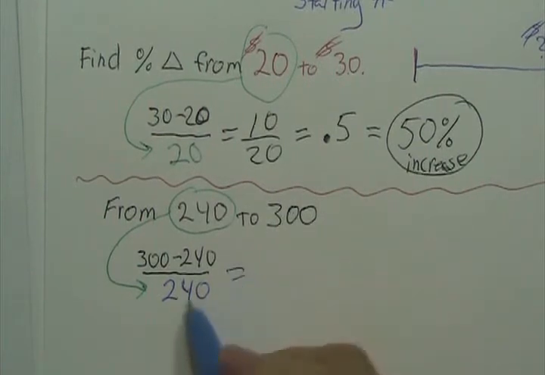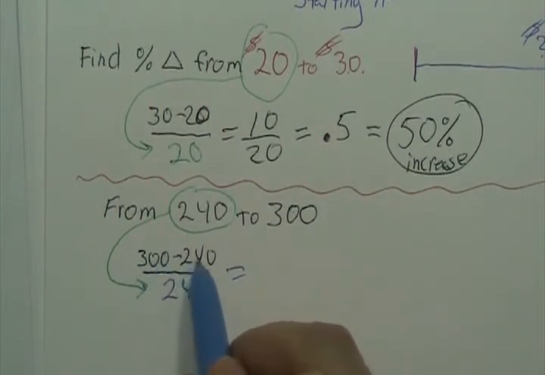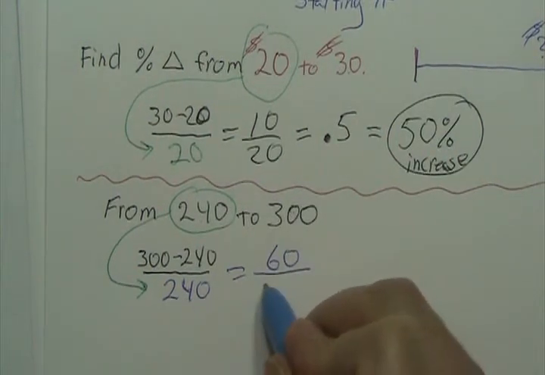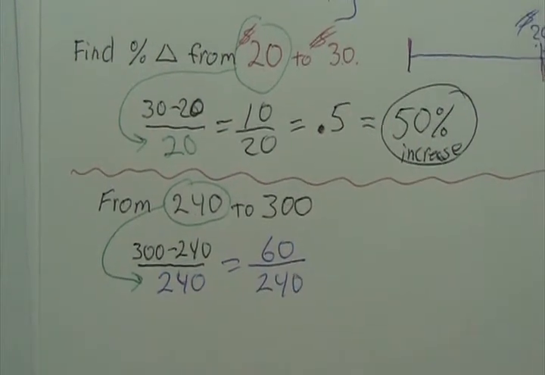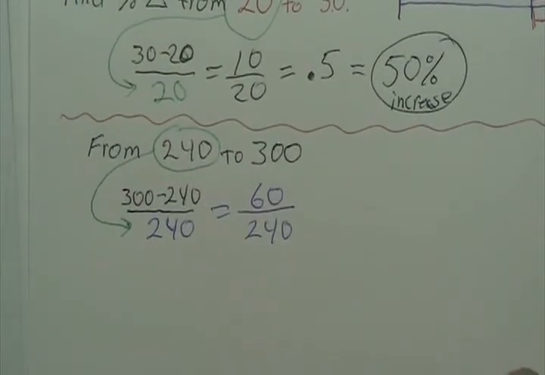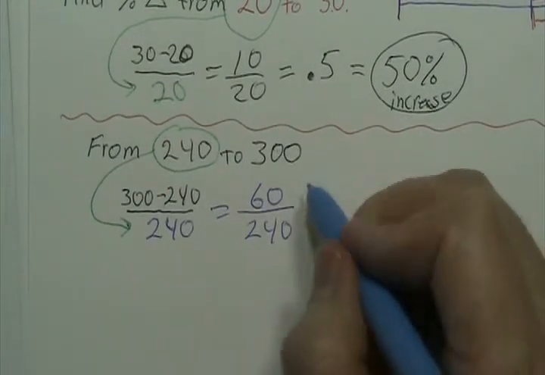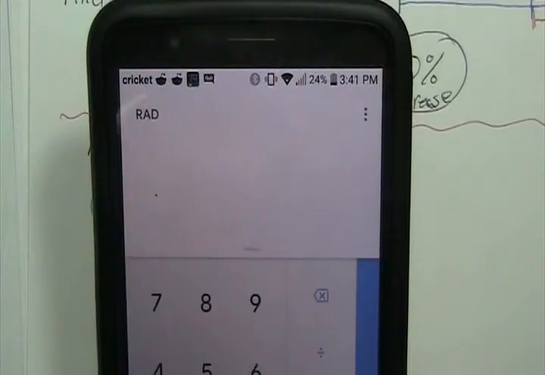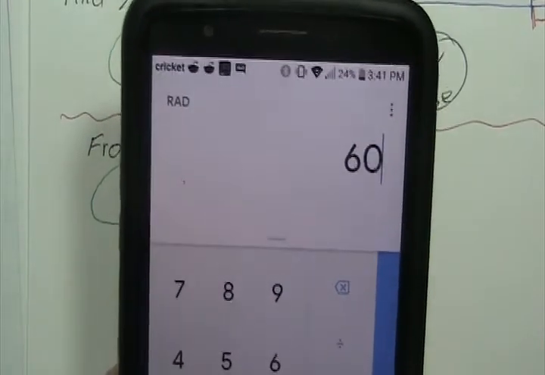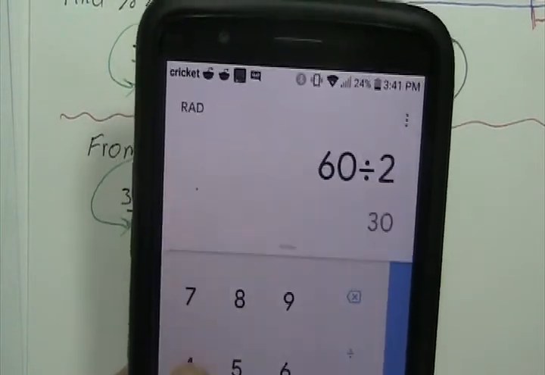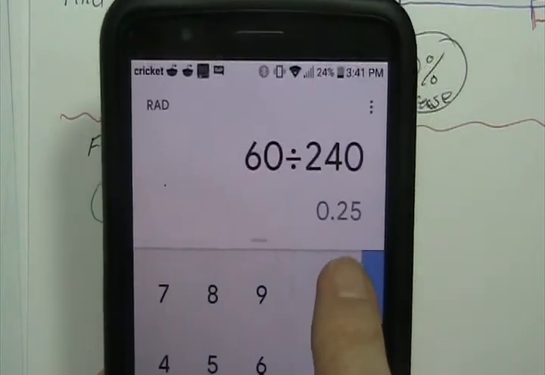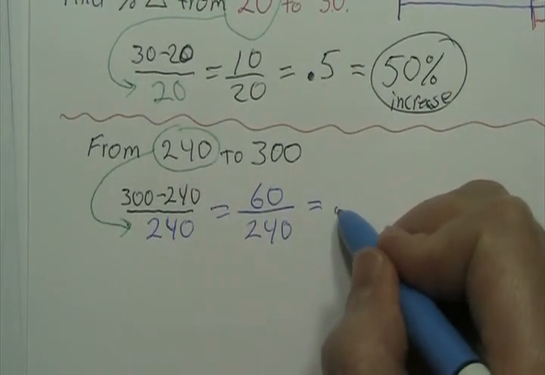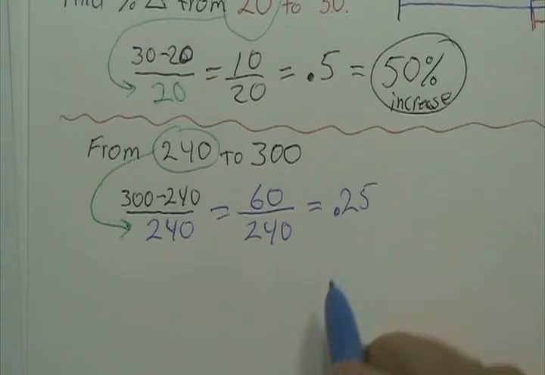All right, well, let's see. 300 minus 240 is 60. 60 over 240. All right, well, now you just use your calculator. 60 divided by 240. And I get 0.25.